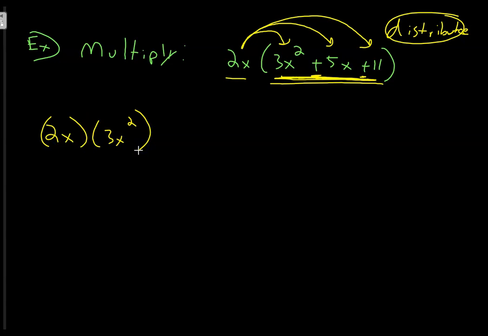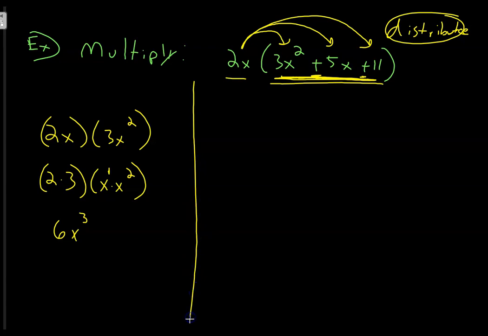Multiply the numbers, 2 times 3, which is 6, and then x times x to the second power. That's an exponent of 1 plus 2, so that gives you x to the third power. So the first term is 6x to the third power.